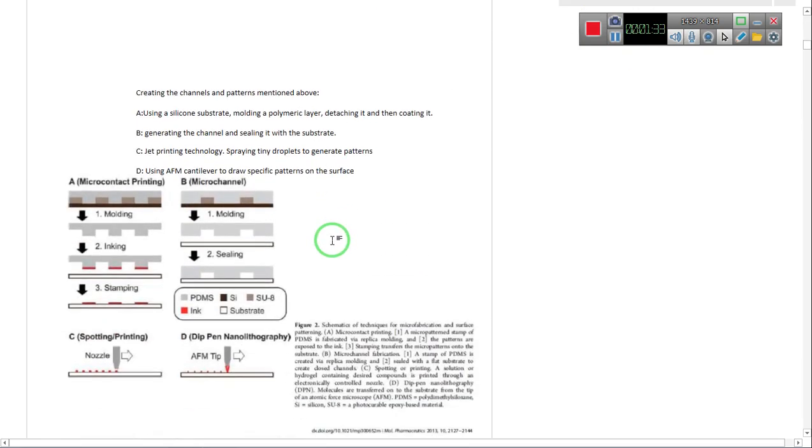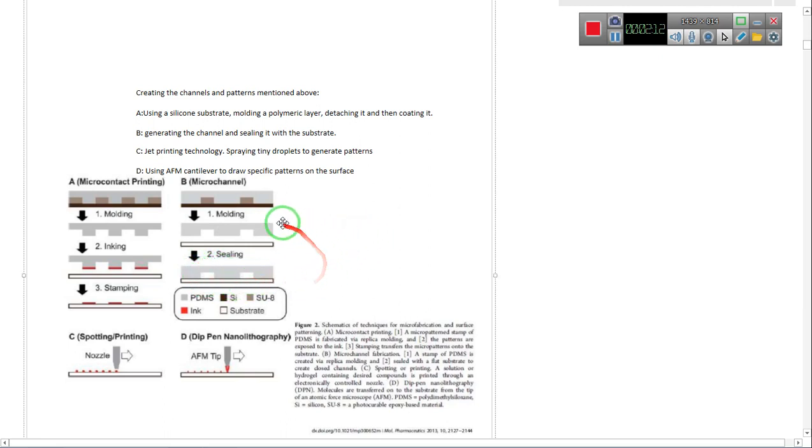You see here in this part B that the geometry of the channels, for example this rectangular geometry, can be defined through a molding process, and after that, after we have the mold, we can stick it through a sealing process on the substrate here, and you see that we have the microfluidic ready, in which the fluids can flow through these rectangular channels.